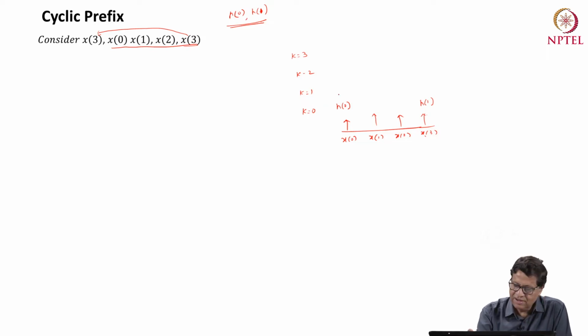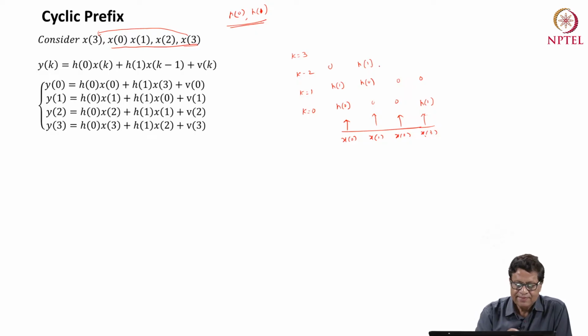For k equal to 1, it will be h1 and h0, and the others are 0. For k equal to 2, it will be 0, h1, h0, 0. You can write these equations, or I have written them here.